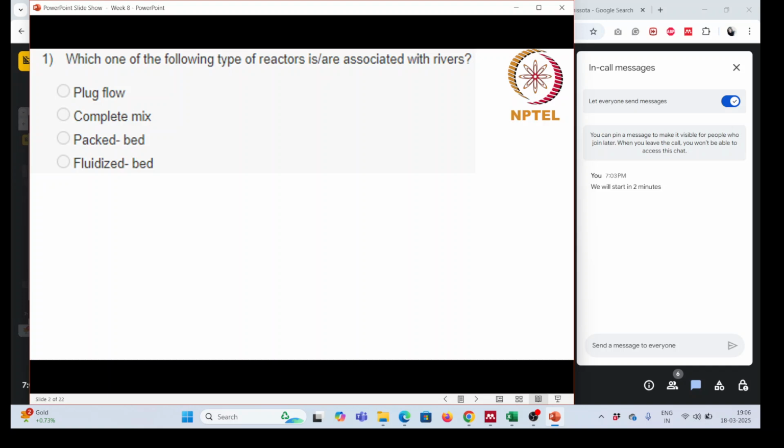Plug flow, completely mixed, packed bed or fluidized bed? So the answer for this is plug flow.